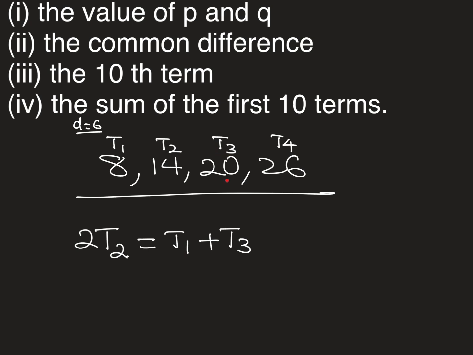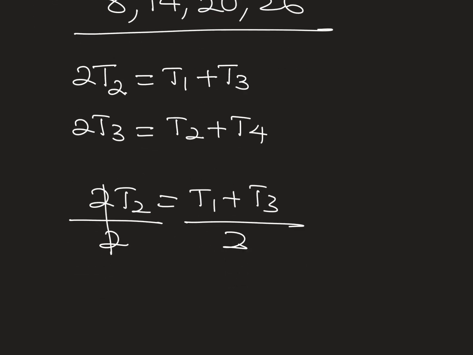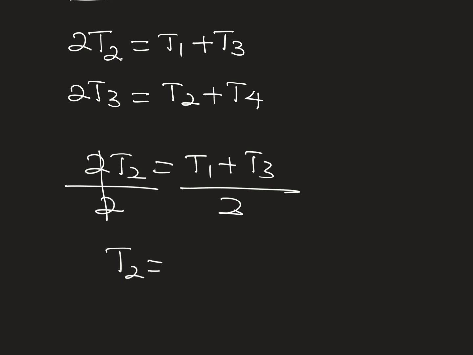And if we consider T3 to be in the middle, it means that 2 times T3 will be equal to T2 plus T4. Do you understand that? So if you have 2 times T2 is equal to T1 plus T3, by dividing both sides by 2, you will be able to have T2. So T2 is equal to T1 plus T3 divided by 2.